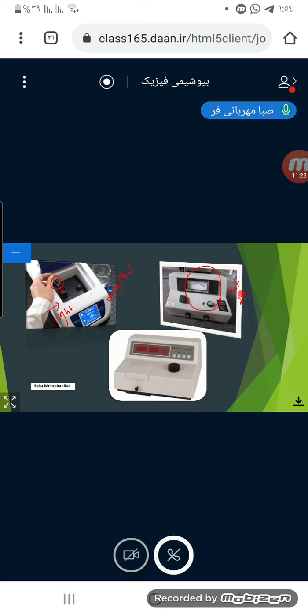You can use it to understand the concentration of different kinds of macromolecules. Yes.